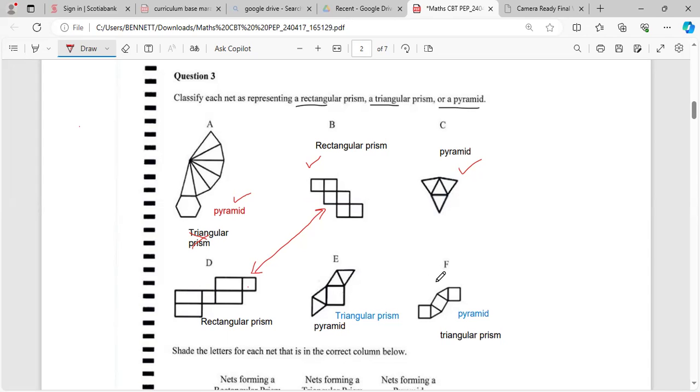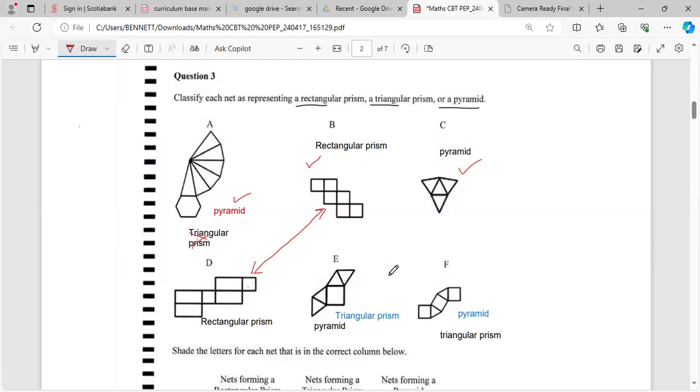Sir, I see E. What do you see E as? Sir, it's not a pyramid, it's actually a prism. It's considered a pyramid, but the real name is hexagonal pyramid. It's still what the heading that they give us. It's still a pyramid. Sir, it's a rectangular prism.